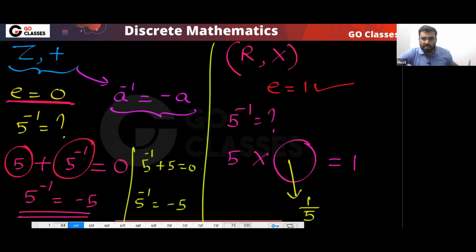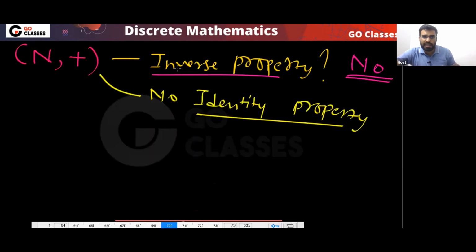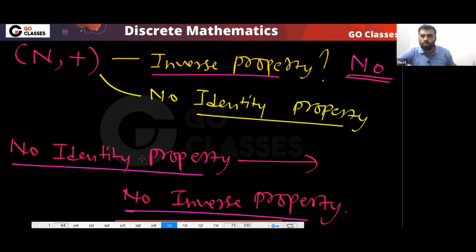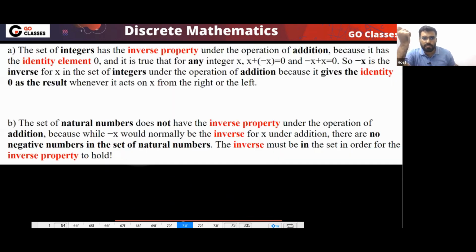So no identity property implies no inverse property, because without an identity element you cannot define inverse. Any doubt in this?